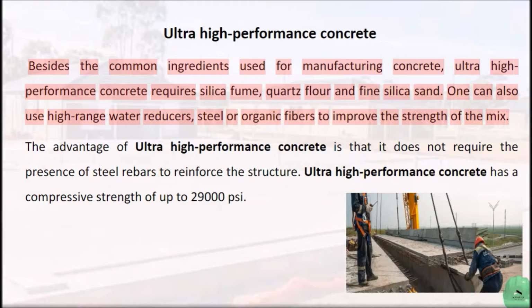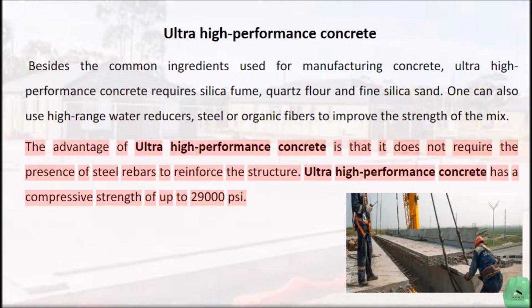One can also use high-range water reducers, steel, or organic fibers to improve the strength of the mix. The advantage of ultra-high performance concrete is that it does not require the presence of steel rebars to reinforce the structure. It has a compressive strength of up to 29,000 psi.